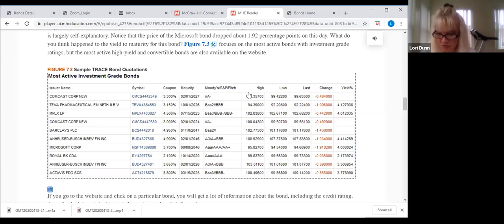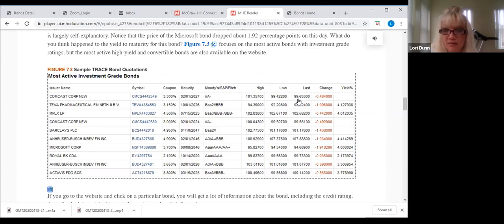What they sold at, their high, 101.357. So that's above the principal. Remember, principal is 100%. This sold at 101.357. Low, it sold below principal, 99.422.